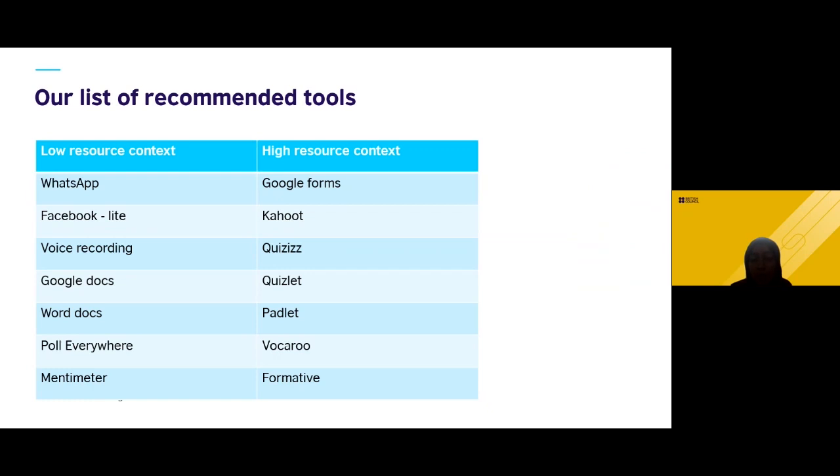You can use Facebook Lite, and Facebook has got the option of polls, and through the polls you can assess them. You can use the voice recording option in WhatsApp, as I mentioned, and you can also share Google Docs. It doesn't require a strong internet connection. It's one Google document where everybody has got access.